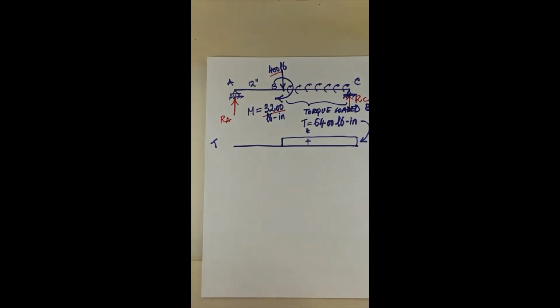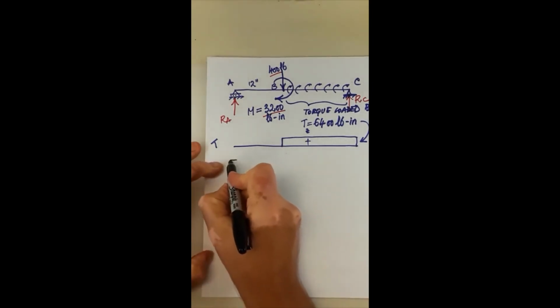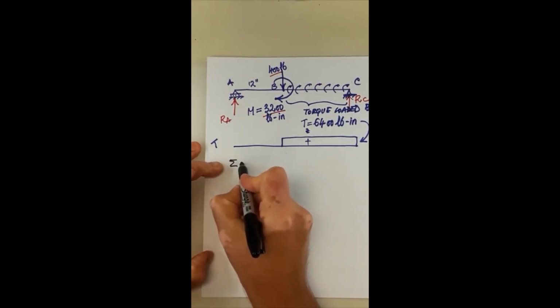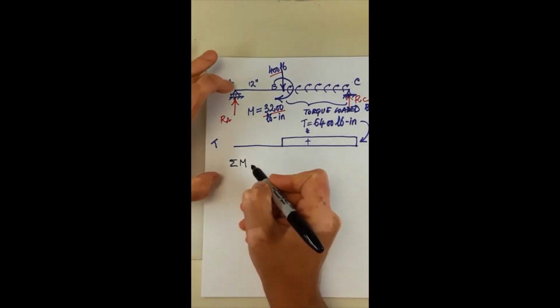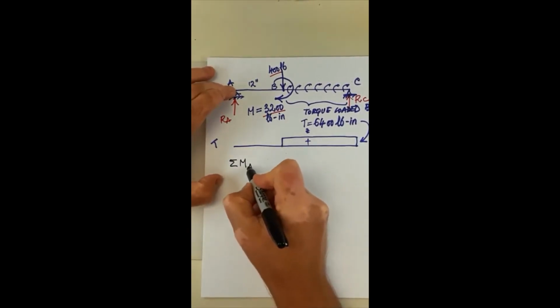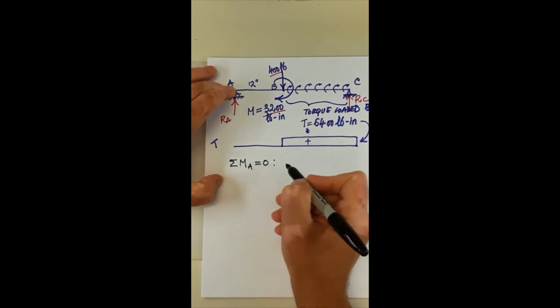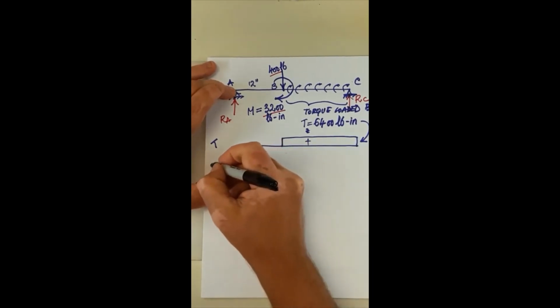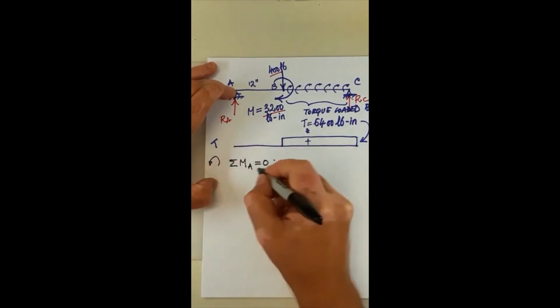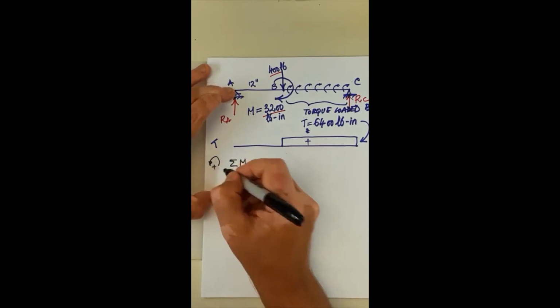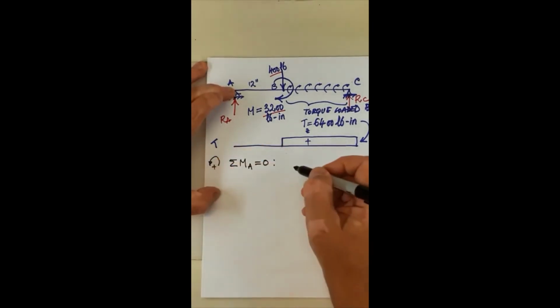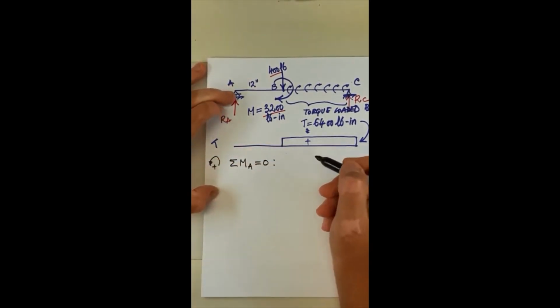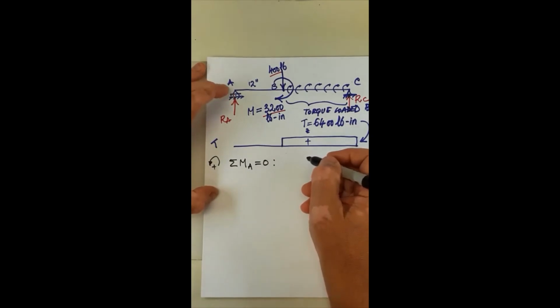So to calculate the reaction at C, I'm going to sum moments about A. The sum of moments about A equals 0 for equilibrium, and positive is assumed to be counterclockwise, as we did before. So what do we have?